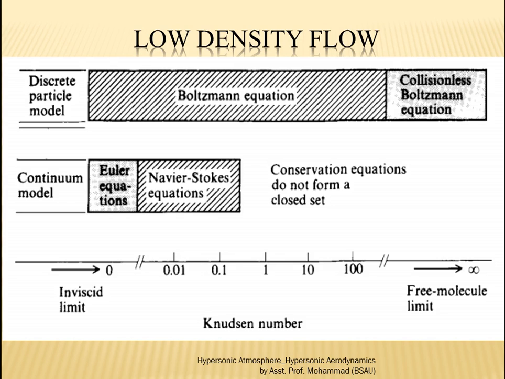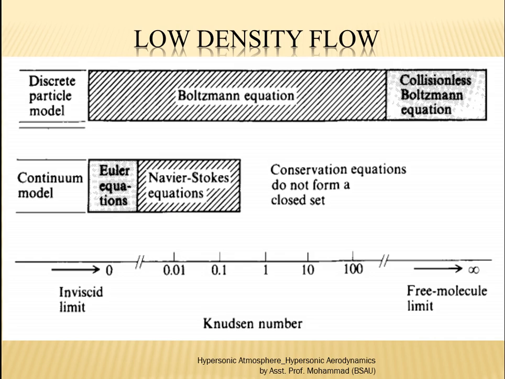But for some cases, it may happen that even at the lower altitude, not very high altitude, where the mean free path is not very large, but the characteristic length is very small, then the continuum model starts failing. So we have to go for the kinetic equations there. So this is totally depending upon the mean free path and the relative characteristic length. Mach number doesn't play any role here.